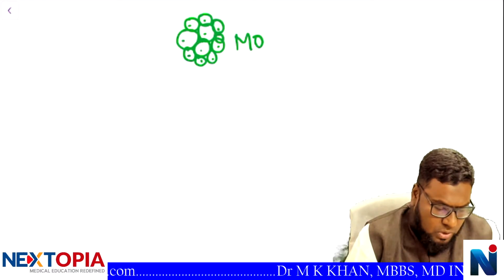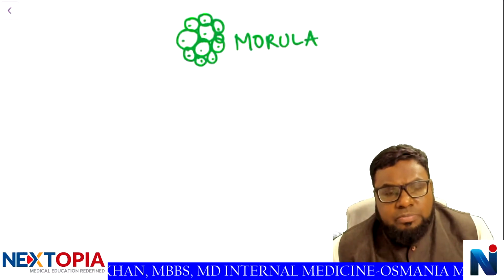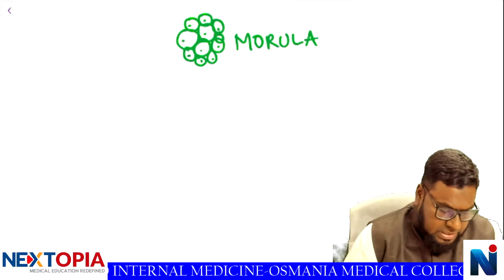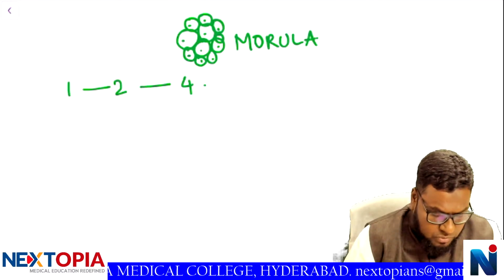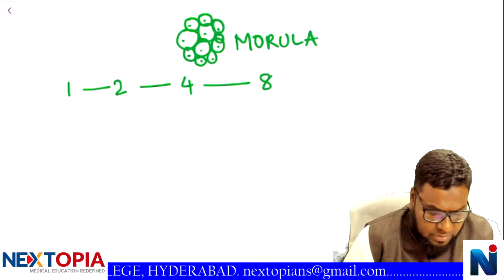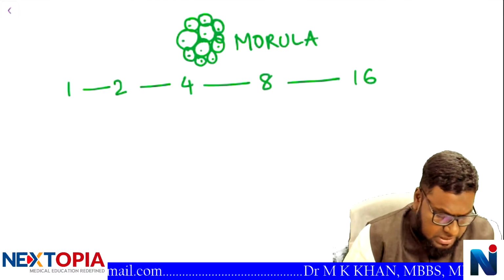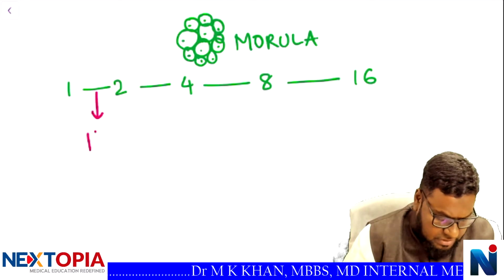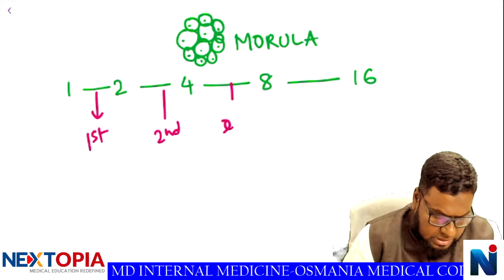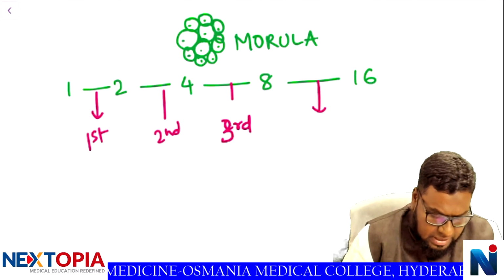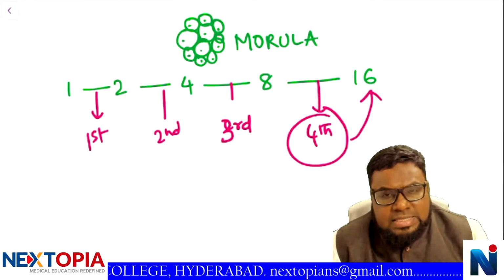So when the ovum divides, first division gives rise to 2 cells, second division gives rise to 4 cells, third division gives rise to 8 cells, and the 4th division gives rise to 16 cells. Here first division has occurred, here second division, here third mitosis, and here 4th mitosis has occurred. So 4th division is giving rise to 16 cell stage.